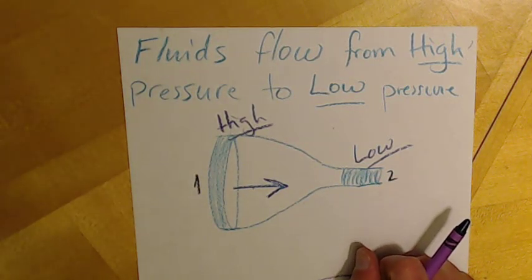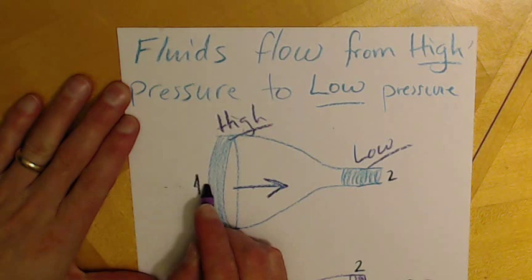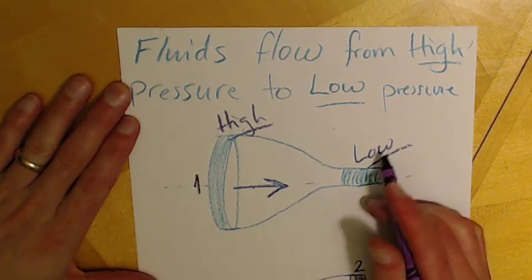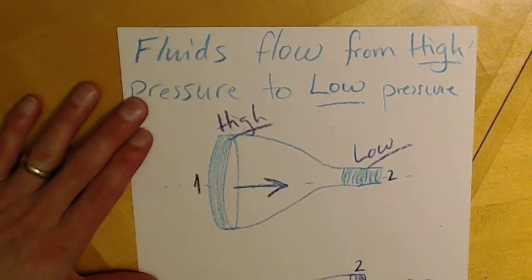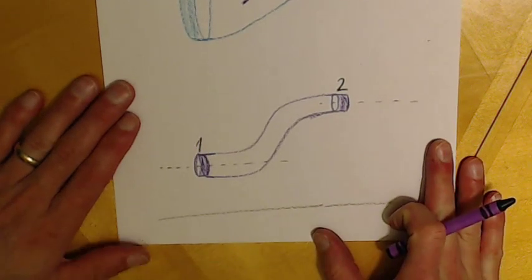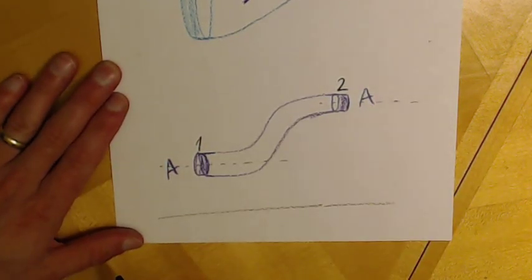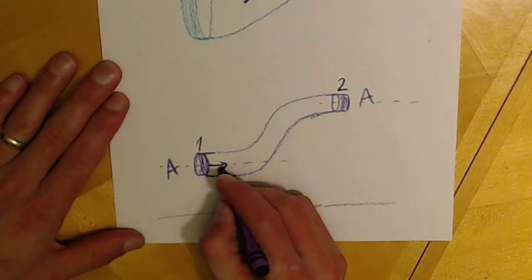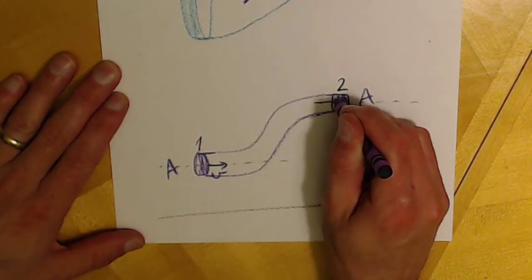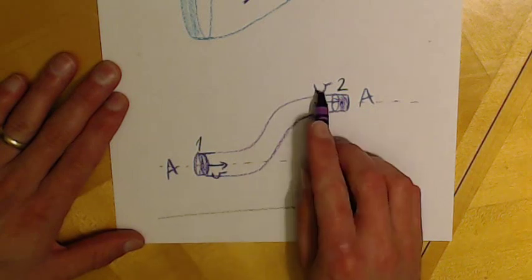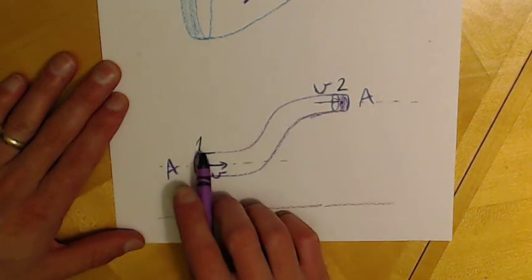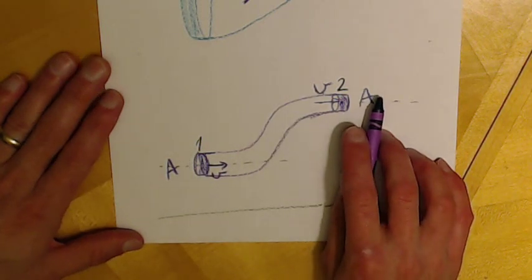Now that's moving across here. All I'm changing is the kinetic energy. Let's look at a different pipe. Now I have a pipe that has the same area. By the equation of continuity, the velocity here is equal to the velocity here. Those two velocities are the same, so the kinetic energy is not changing. However, it's going uphill.